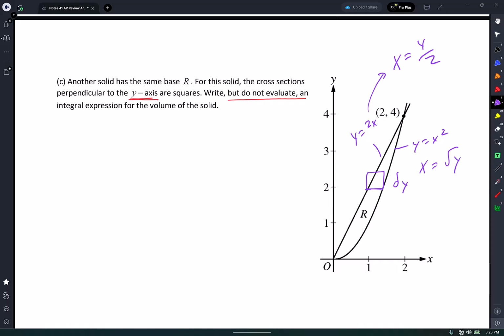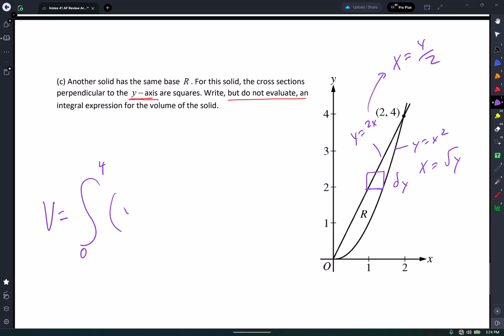Here we go. What's my cross-section geometry? What shape is it? So how do I find the area of a square? S, side squared. Volume equals, there's no pi's on this one, the integral. What's my lower limit? 0. What's my upper limit? 4, the y value. All right, open parenthesis. What is considered the top?